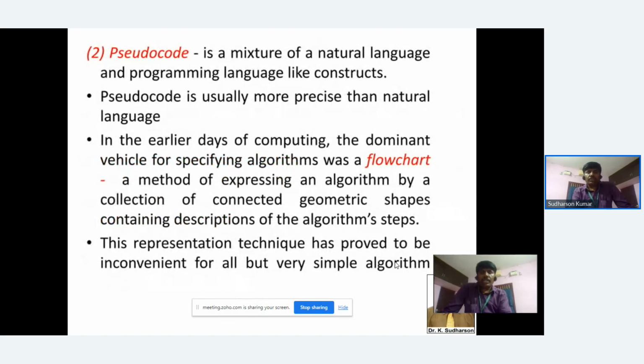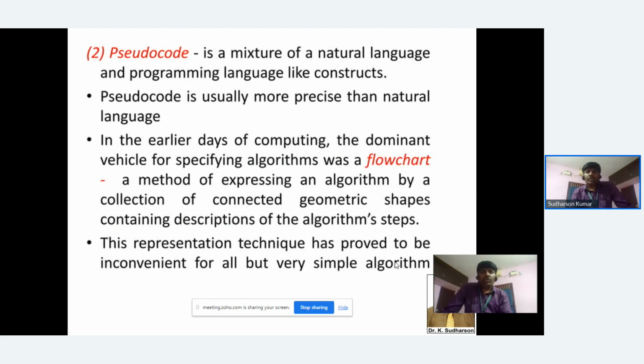Then pseudocode, we can use it for describing an algorithm. It is the next version of an algorithm, but you are not following any syntax. In simple words, we can say code without syntax is nothing but pseudocode.